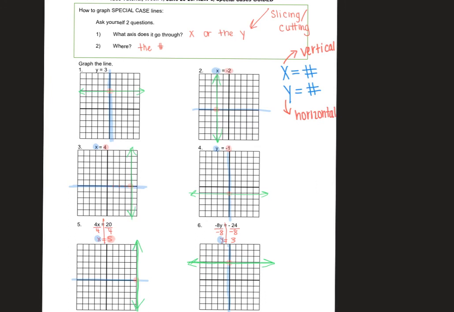But again, that's relying really on memorization, whereas asking yourself those two questions, what axis does it go through, x or y, and where, the number, remembering that it slices through that axis at that point, is more relying on understanding what's happening.